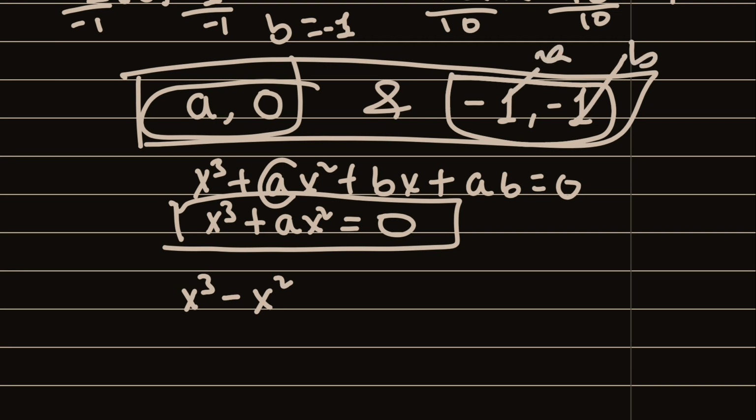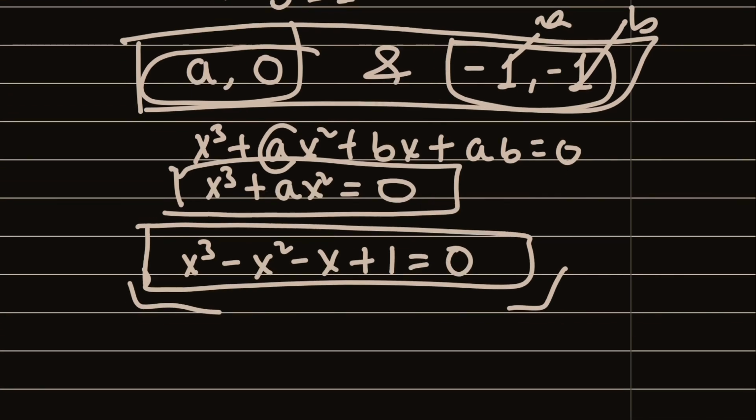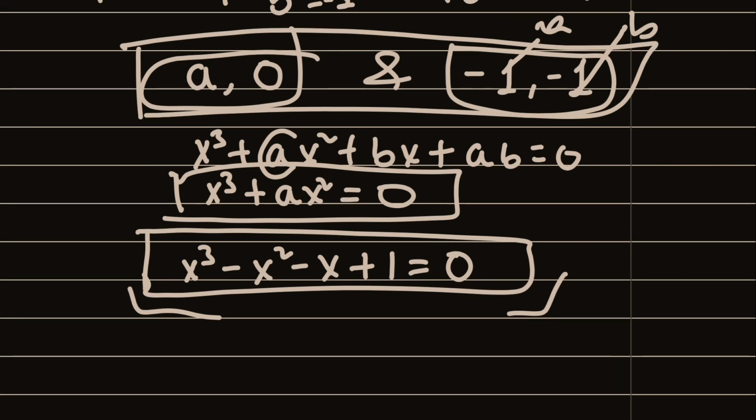Okay, so x cubed minus x squared minus b is -1, so minus x plus a times b is -1 times -1, yes, -1 times -1 is +1, so +1 is equal to 0. So this is our second equation for the second answer.